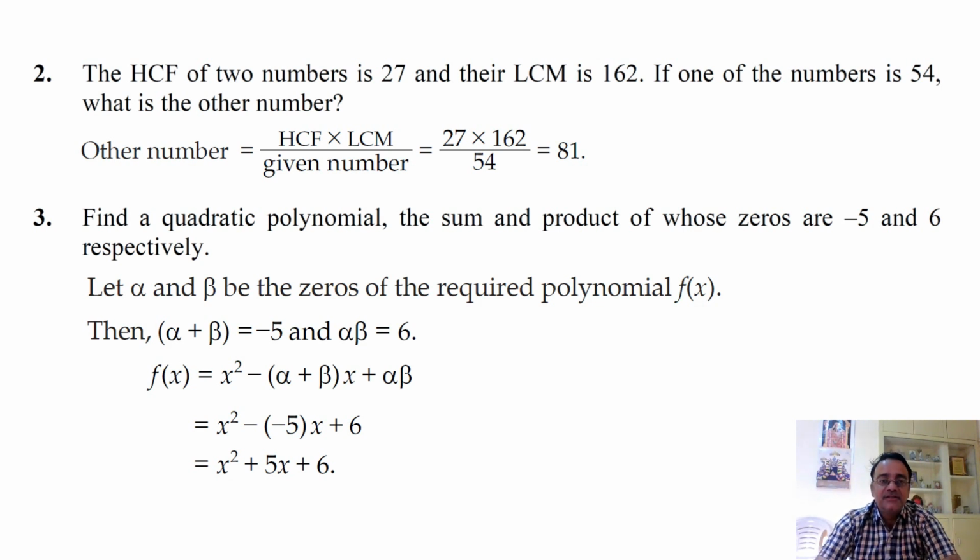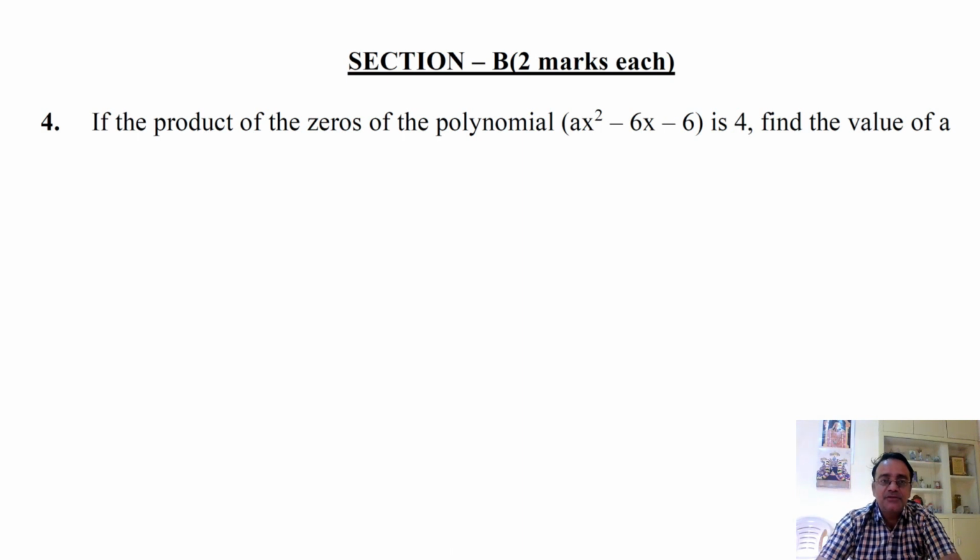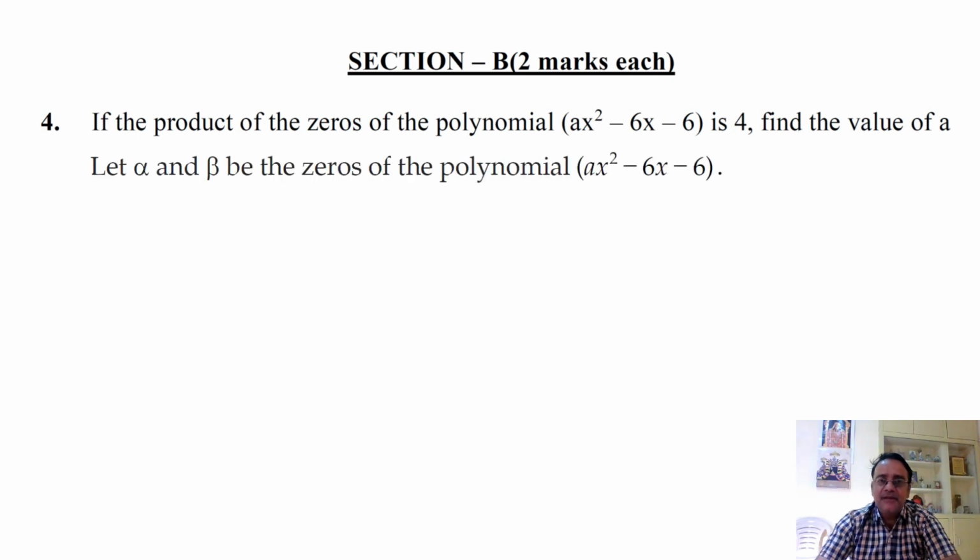So we'll move towards section B. Fourth question. If the product of the zeros of the polynomial ax square minus 6x minus 6 is 4, find the value of a. So here let alpha and beta be the zeros of the polynomial ax square minus 6x minus 6.